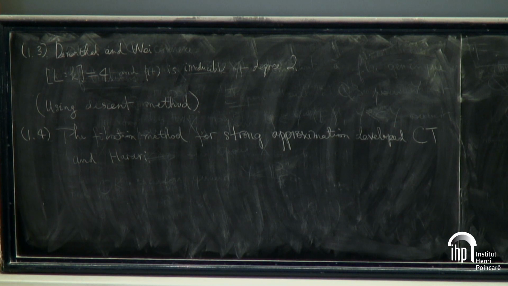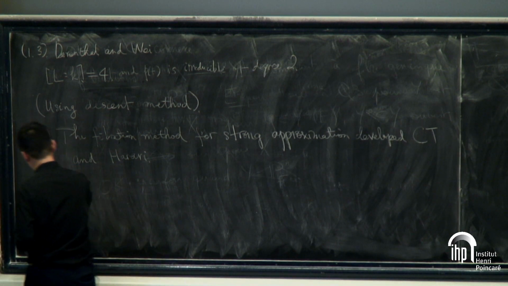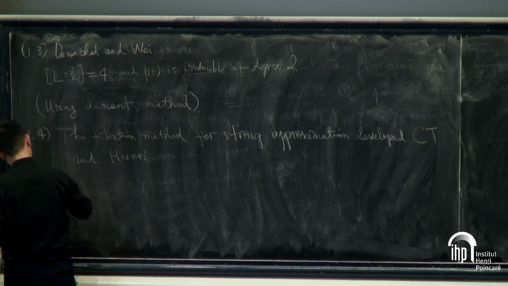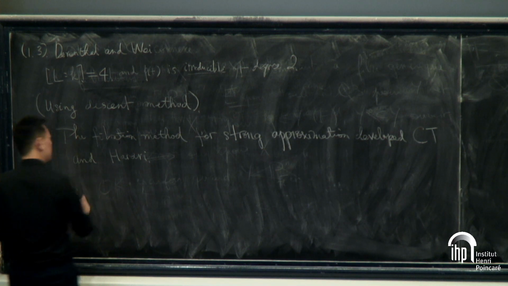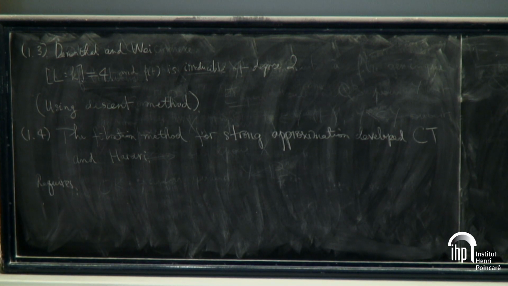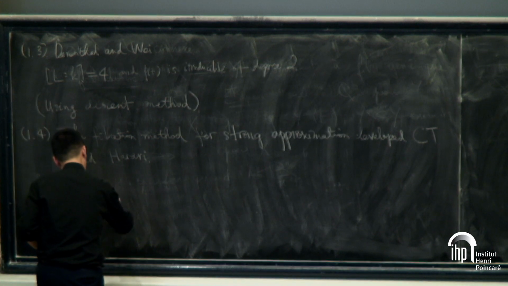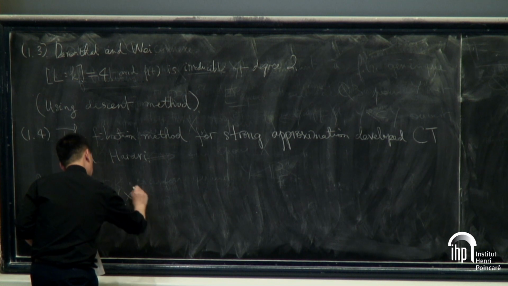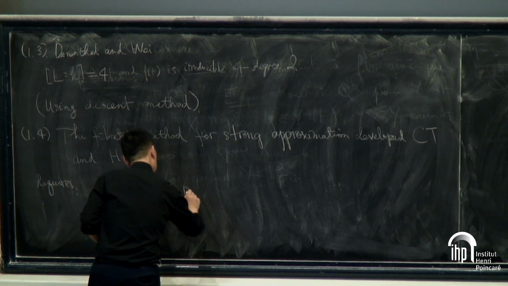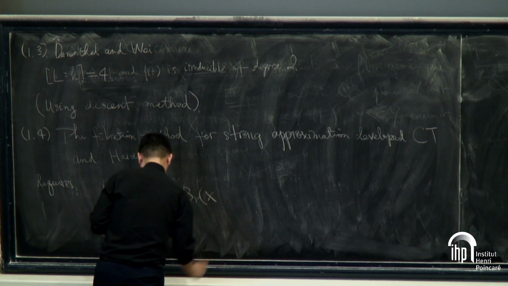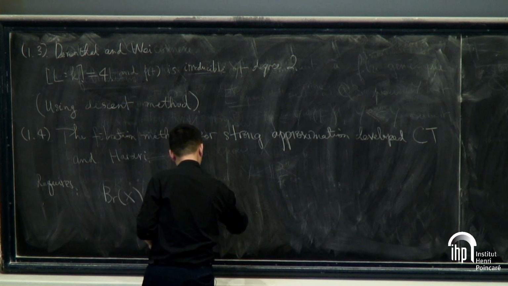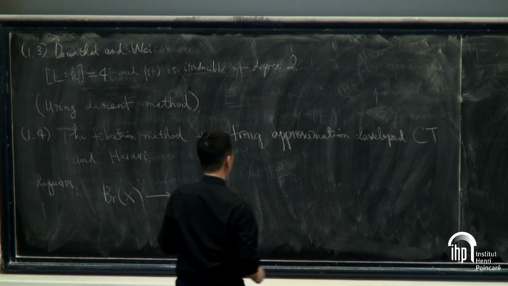But in their methods, they require something quite similar to weak approximation, which considers the unramified Brauer group, as actually mentioned by previous talks. They require, for example, the Brauer group of X restricted to these special fibers.